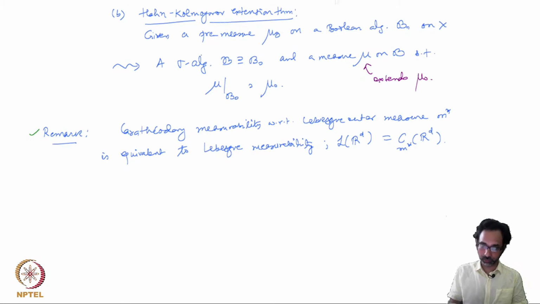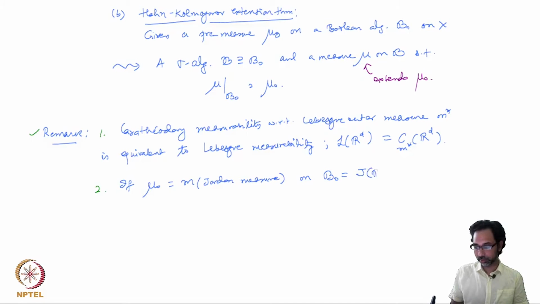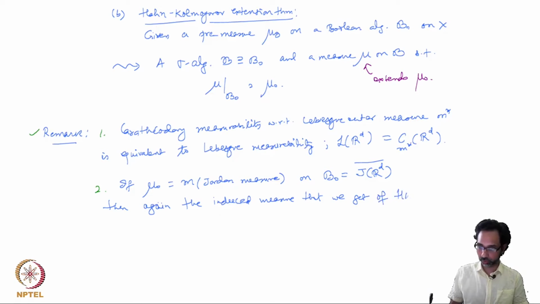The second remark is that if we take mu naught to be the Jordan measure on B naught being the Boolean algebra of Jordan measurable sets, then again the induced measure that we get from the Hahn-Kolmogorov extension theorem is the Lebesgue measure again.